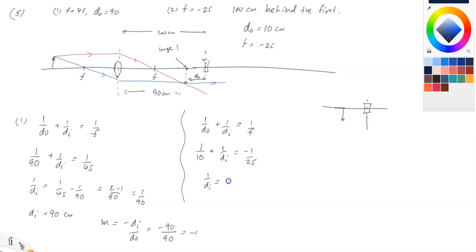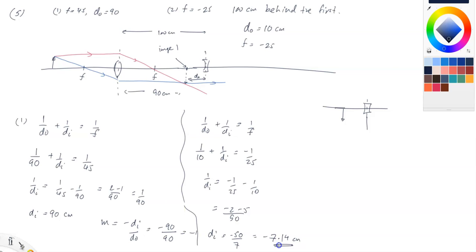So 1 over DI equals negative 1 over 25 minus 1 over 10. 50 is a good denominator for both: negative 2 minus 5, so DI is negative 50 over 7, which is negative 7.14 centimeters.